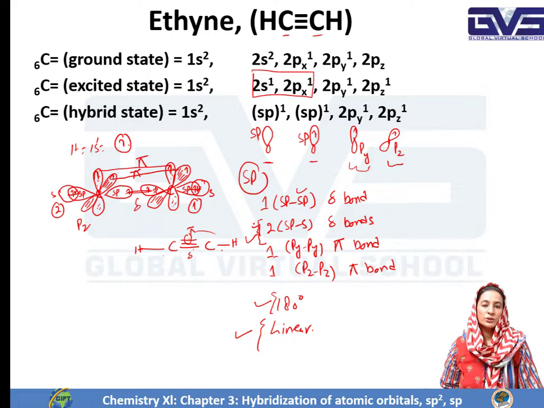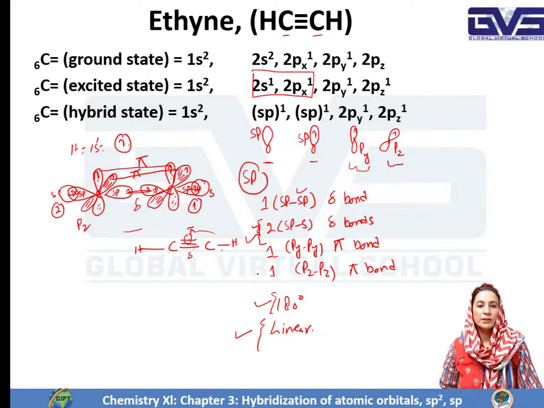So when you are asked to draw the shape of ethyne, you have to explain with reference to the hybridization, type of hybridization, their bonds, their geometry, draw their geometry, and what is their shape and their angles. The next animation will explain a little more about ethyne.